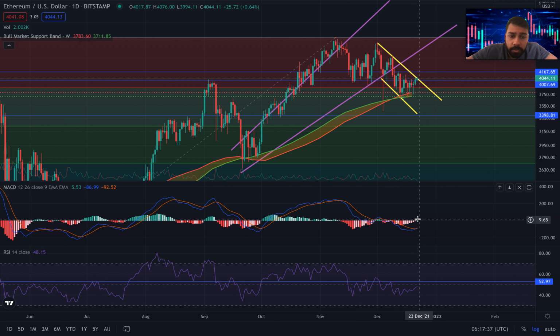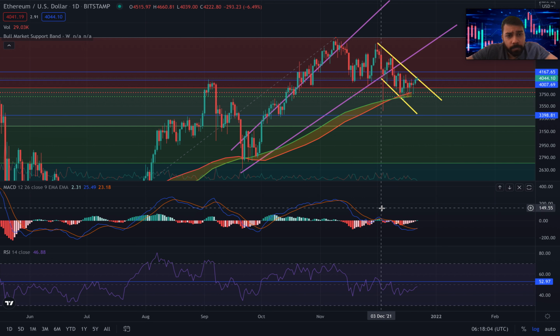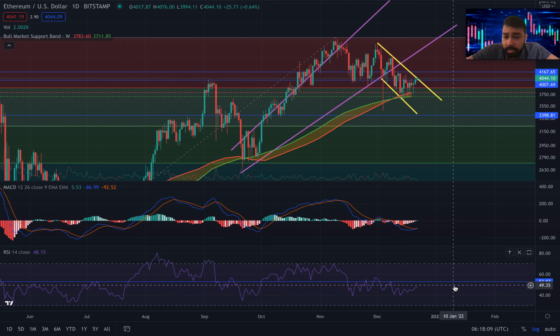We did have our first MACD cross to the upside, which is today. So if we can continue this past 4 days, that'll be the first time we had 5 incremental green bars on the histogram during our dip, our recorrection.